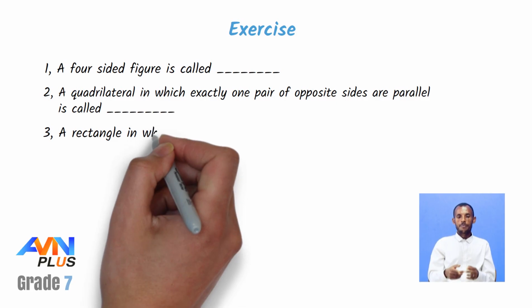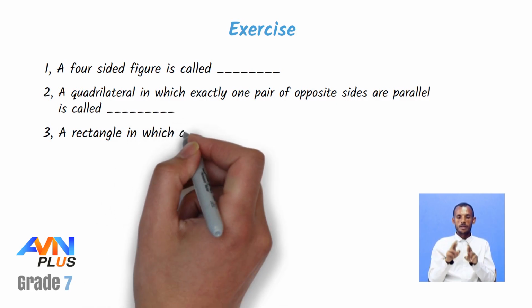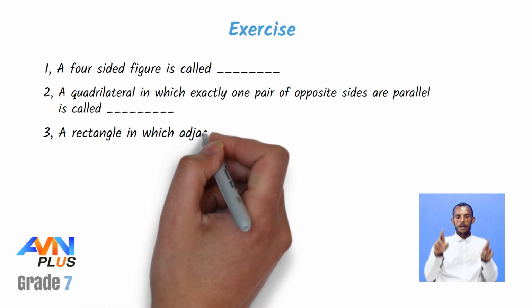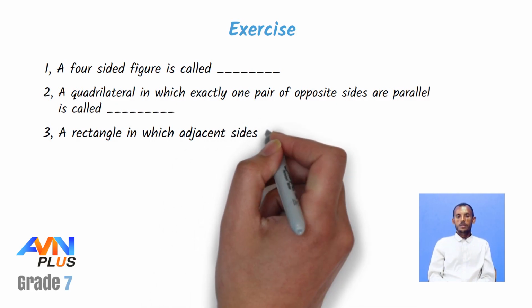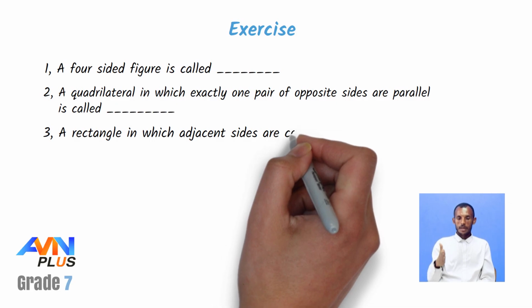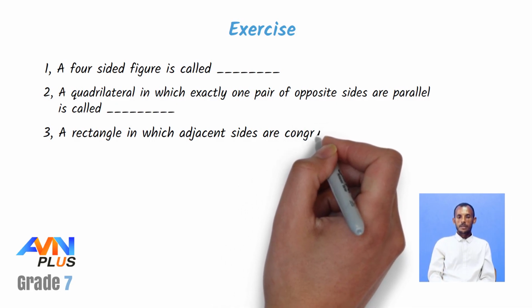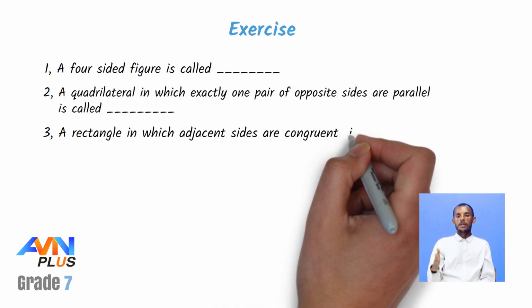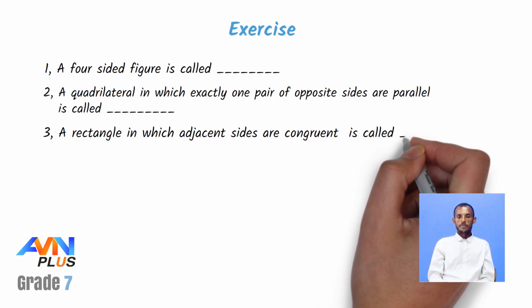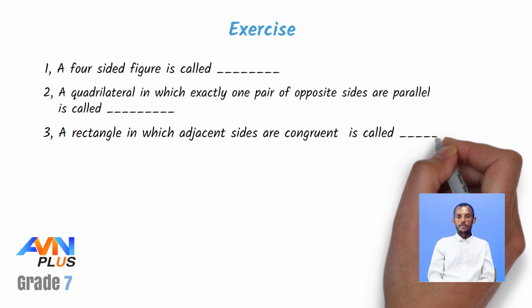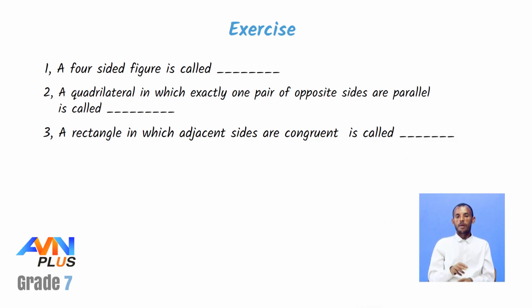A rectangle in which adjacent sides are congruent is called blank. One more question.